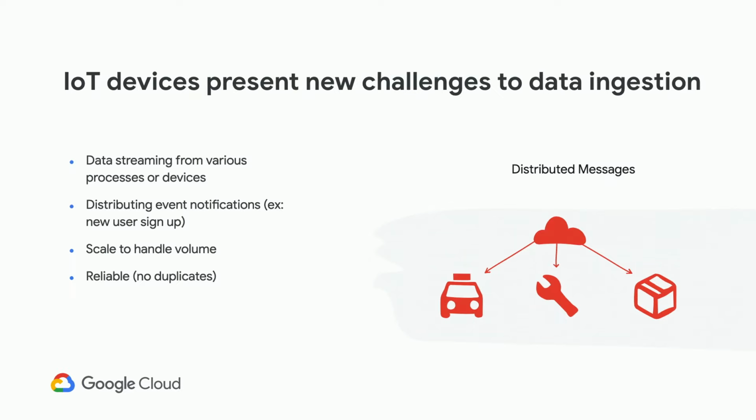For example, IoT devices present new challenges to data ingestion. Now we have data streaming from various processes or devices, and we have distributing events and notifications. We have to scale to handle the volume, and at the same time be reliable.